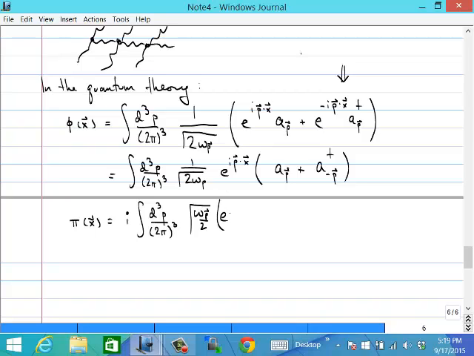So I'll write it as e to the i p dot x times a_p dagger minus a_p minus e to the minus i p dot x times a_p dagger.